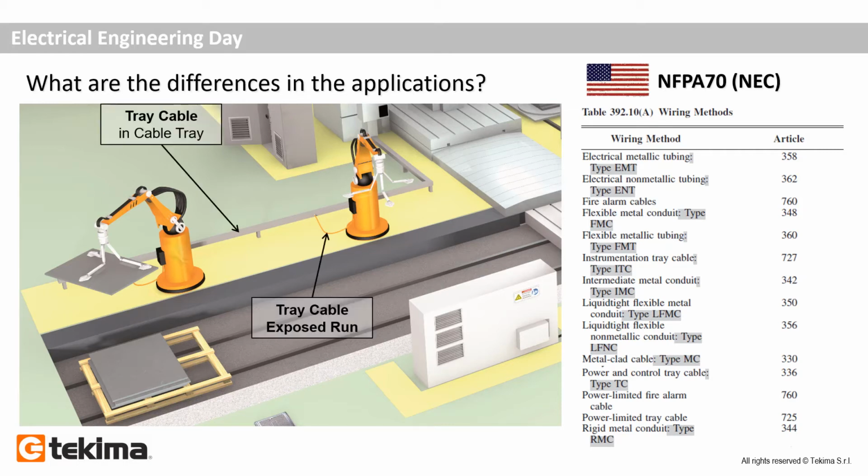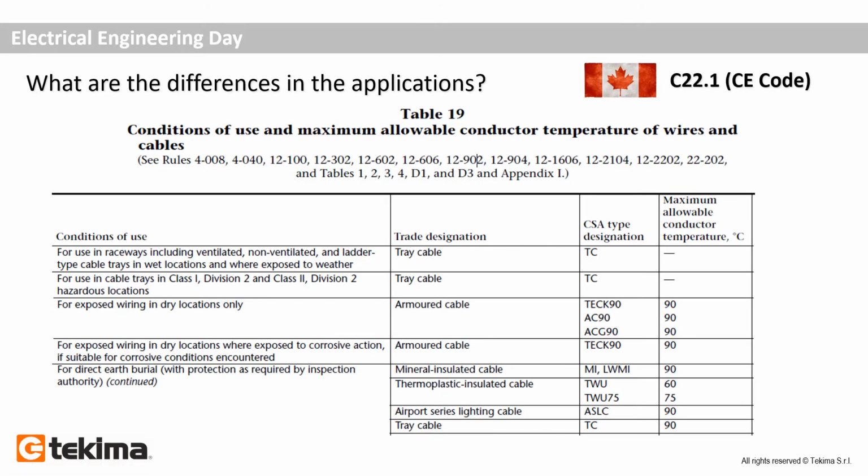In this example, you have to wire a panel to a machinery. In this case, you have to install the tray cable in cable tray. And when you go out of the cable tray, tray cables exposed run are needed. And in Canada, quite the same approach. In the CE code, you will find table 19, which is the list of products compliant with the standard.